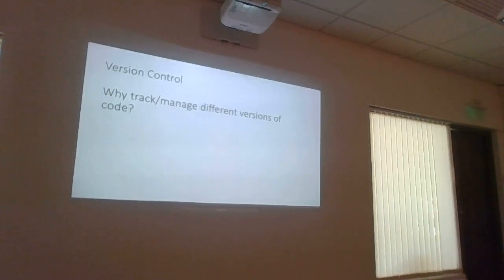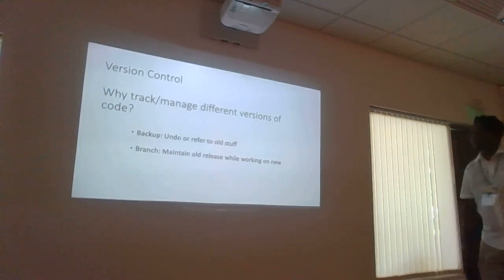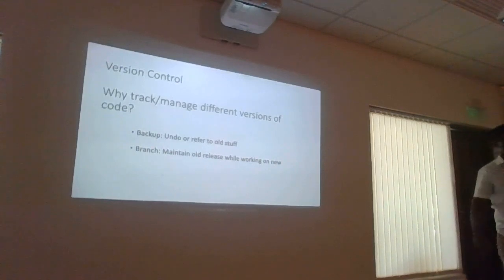Right? So I've sort of given a background, but there was this slide that I think we had last year that highlighted this. Why do you want to manage different versions of the code? One, you want to have a backup system. You want to undo, you want to refer to old stuff, and so on. You want to maintain old releases while working on new releases. This is particularly important in software.